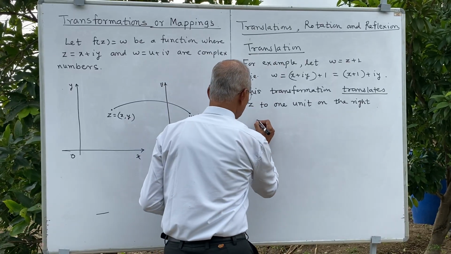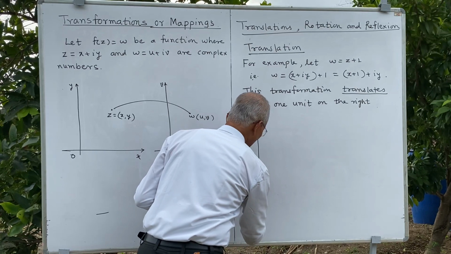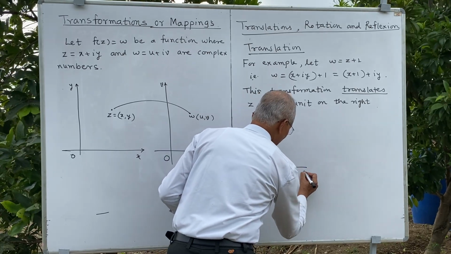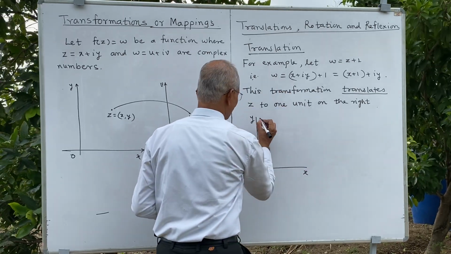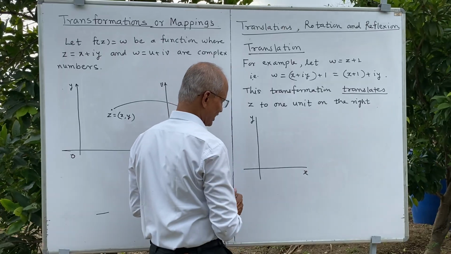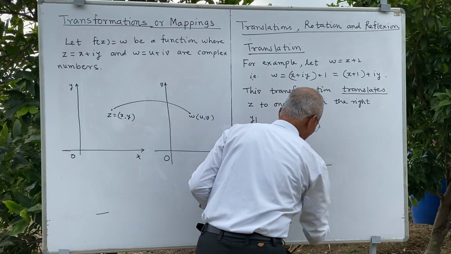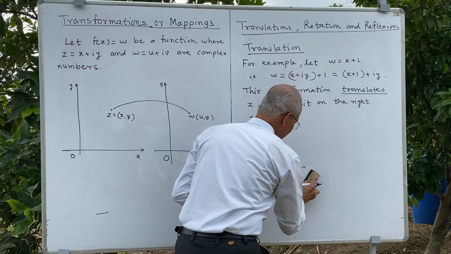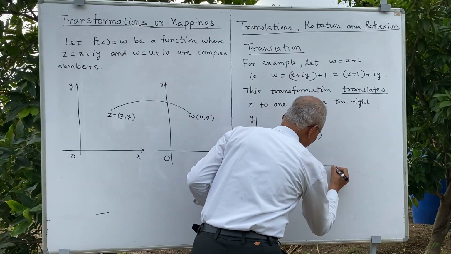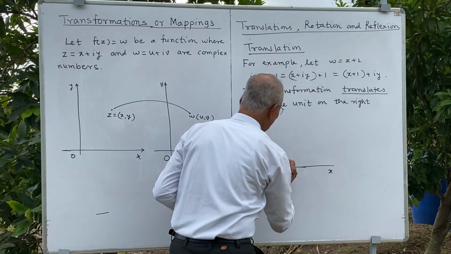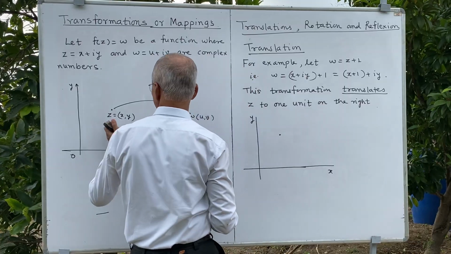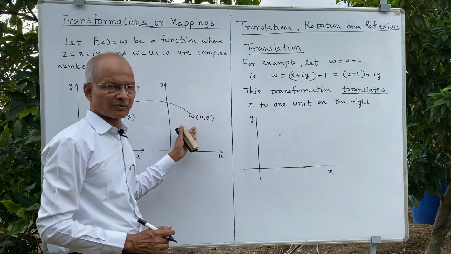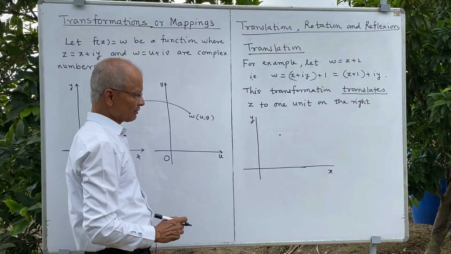For example, if you consider the graph, then this is the xy plane. We are considering the same plane, the z plane only, not the z plane and w plane separately, because these are certain simple mappings.